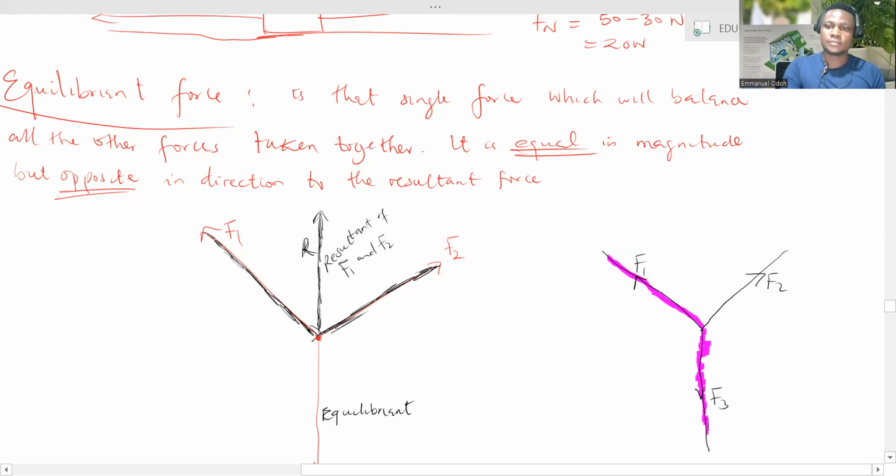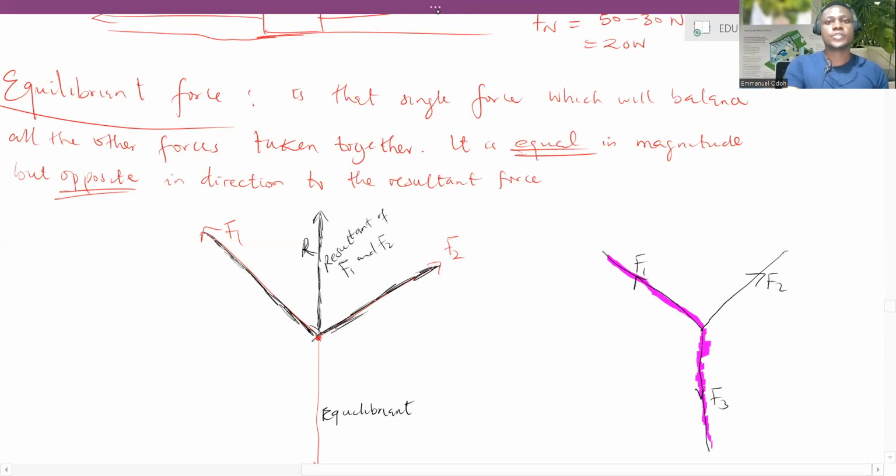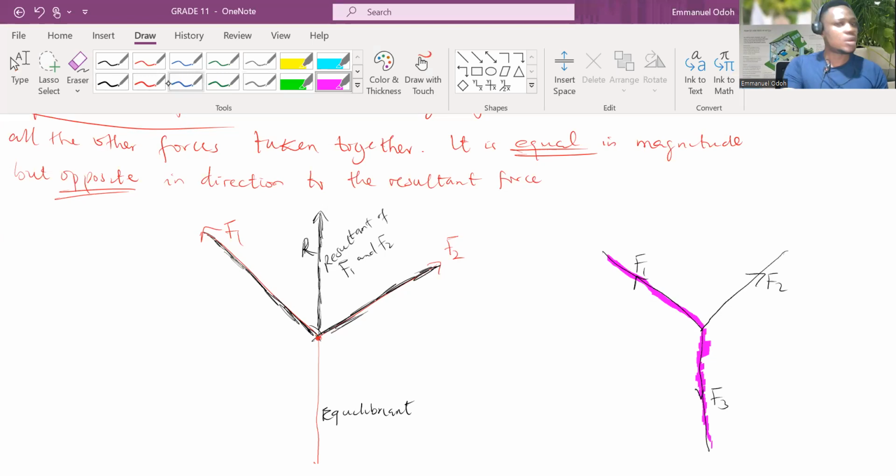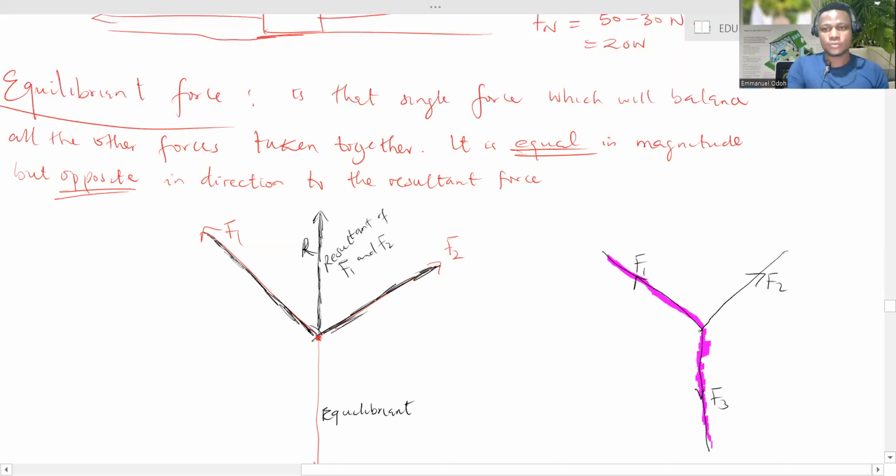The resultant of F1 and F3 will be equal in magnitude to F2, but opposite in direction to F2. So this is the resultant of F1 and F3. And F2 now becomes the equilibriant force.